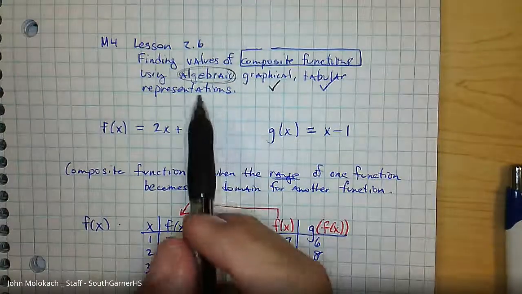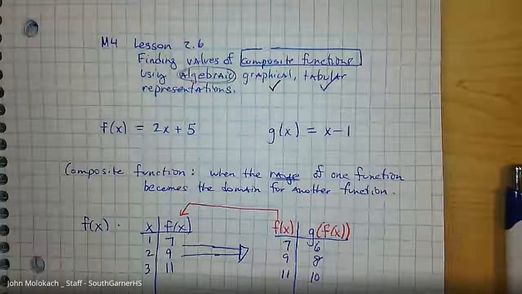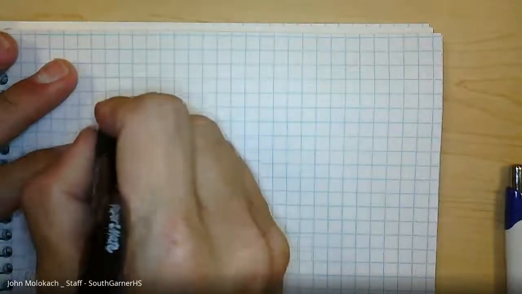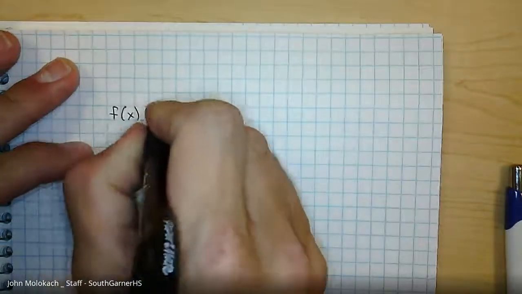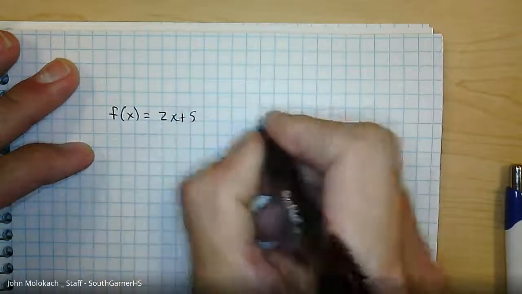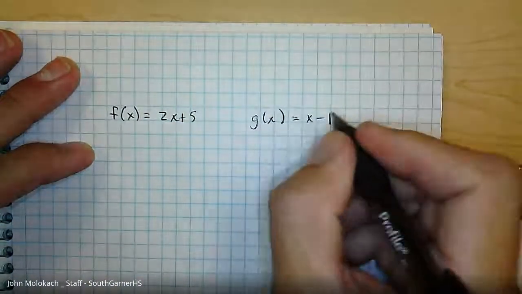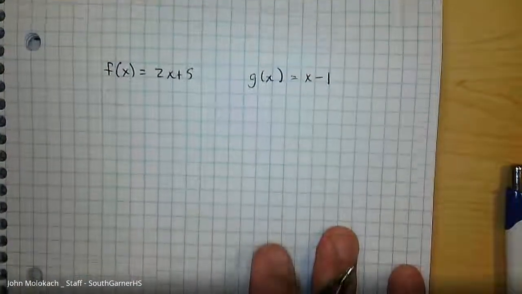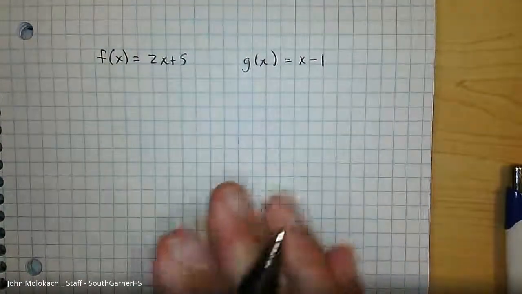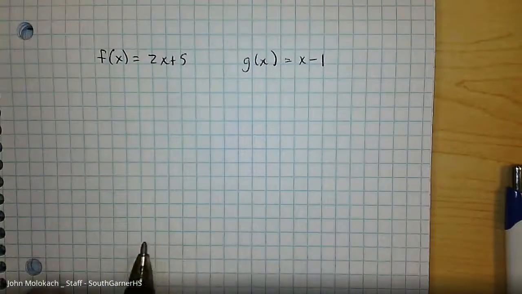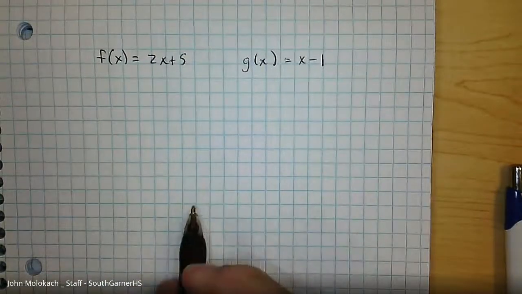So I'm going to show you on the next page. f of x again was 2x plus 5. g of x is x minus 1. If we don't have a table of values and we don't have a graph, what can we work on?